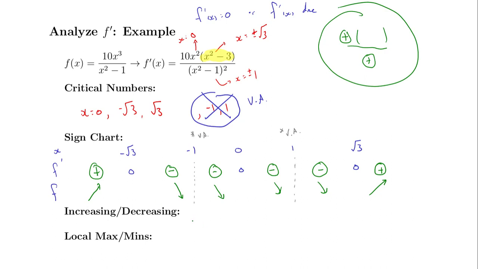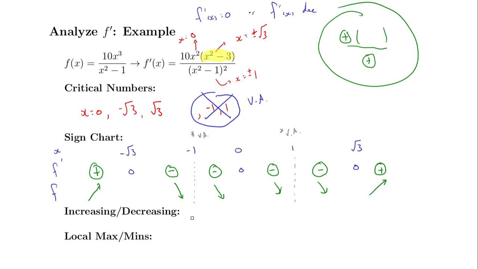So first off, we'll say it's increasing pretty clearly on negative infinity up to negative root 3, and from root 3 up to infinity. And then intervals where it's decreasing can be kind of tricky in this one. I'm running out of space. Let me rewrite this.